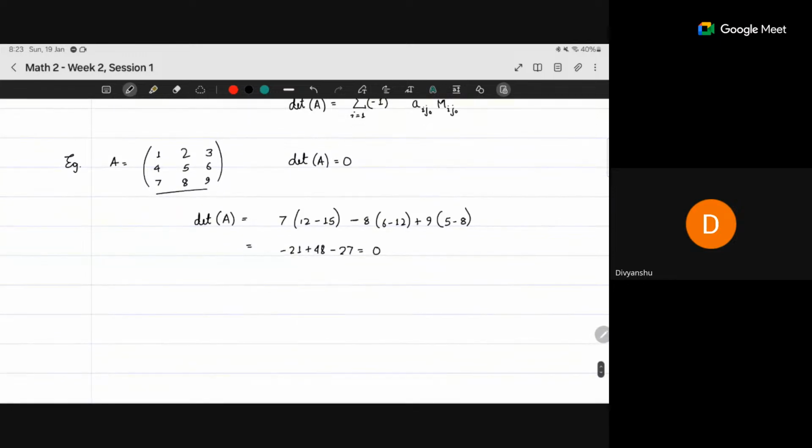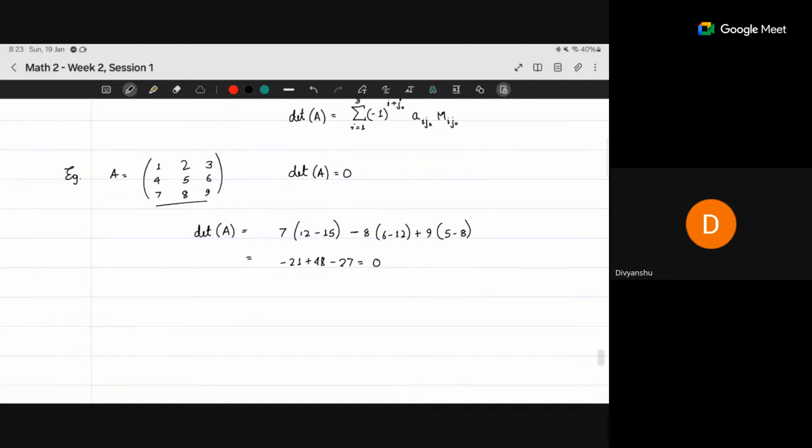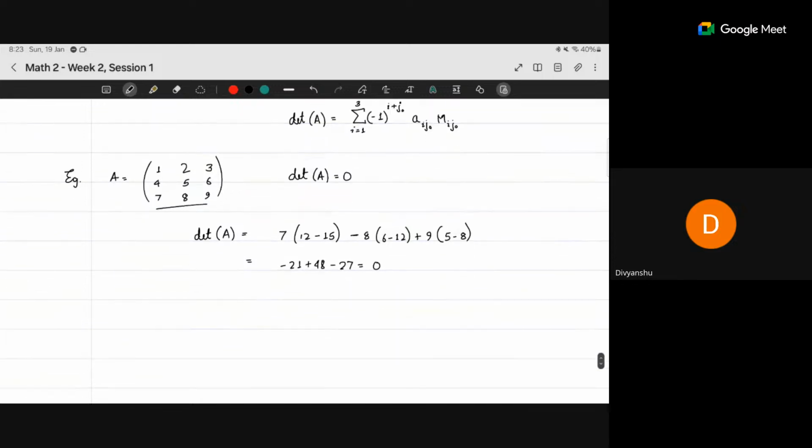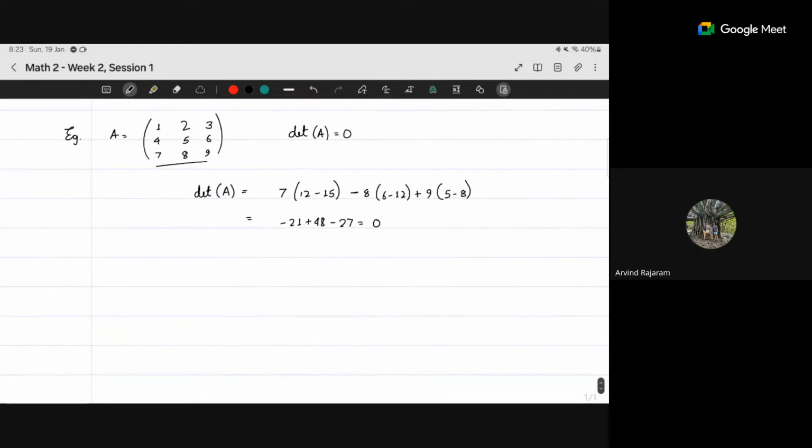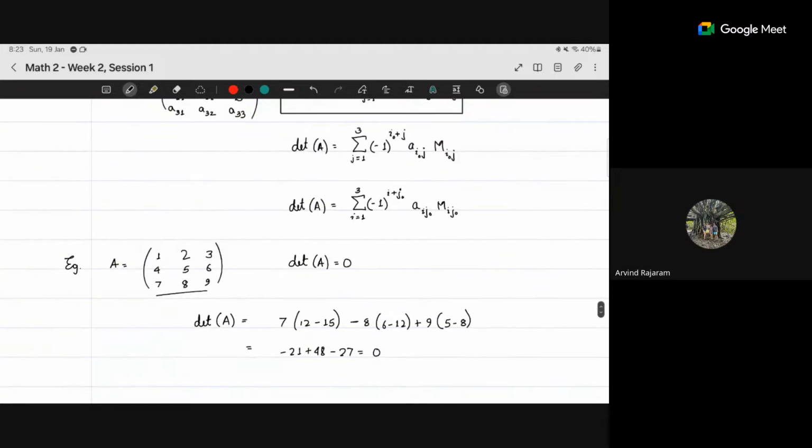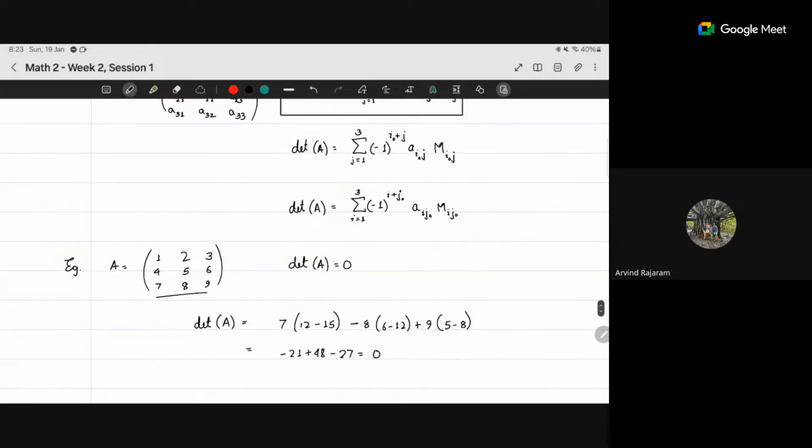So this was expected, but where this will be useful, I'll give you an example later on. Sir, quick question. How did you get -8 there? I thought it would be +8. The factor that contributes the sign is (-1) to the power i plus j. So 2 plus 3 is 5, and (-1) to the power 5 is -1. That's why you have a minus.